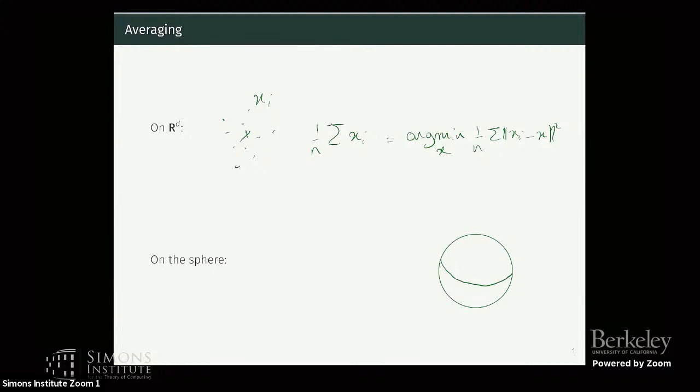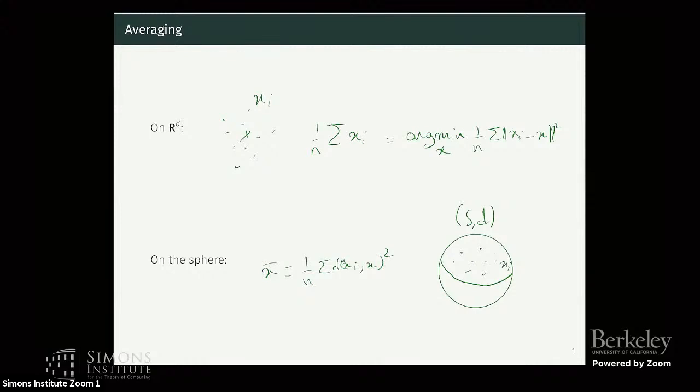On the sphere, I have a geodesic space. The sphere is a geodesic space when I look at the angular metric on it. When I have points x_i on it, if I denote by S my sphere and d its metric, then I'm allowed to define x bar, my average, as the minimum of the sum of the distance between x_i and x squared.